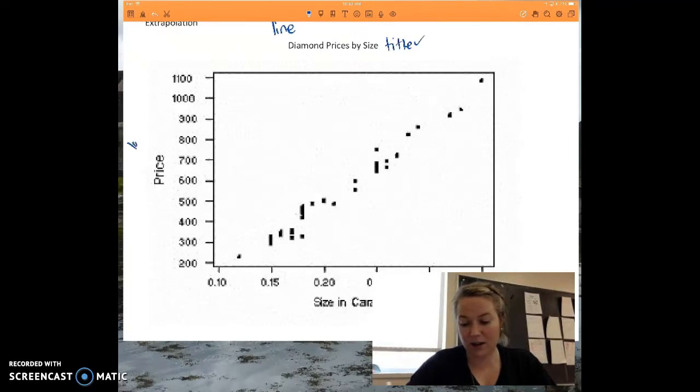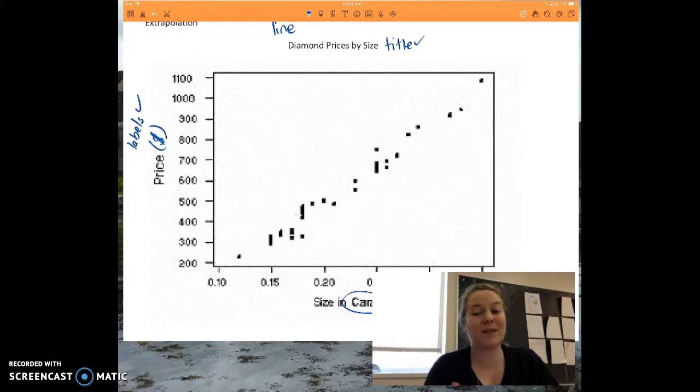We have our labels. But do we have units? We have units here. Carats is units there. We don't have units here, so maybe we'll say that that is dollars. Whether it's Canadian or US, we don't know because the scatter plot label doesn't tell us, which is one reason this scatter plot would not be getting 100%.